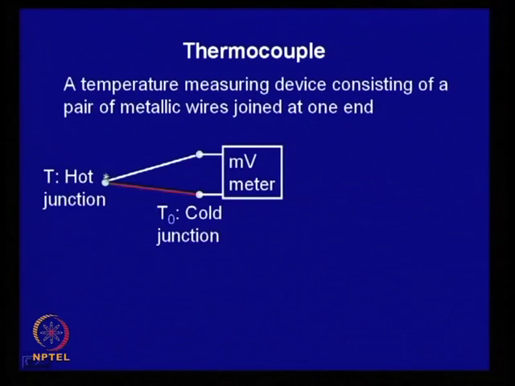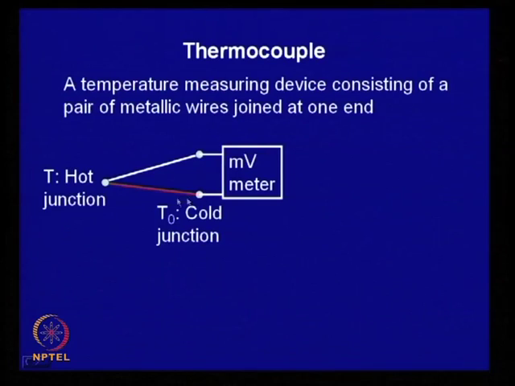And if you heat this particular point, if you keep it in a furnace at a temperature T, we call this a hot junction, and then we take the output from this end, which is maintained at room temperature, or we call it the cold junction, and we connect it to a millivoltmeter.